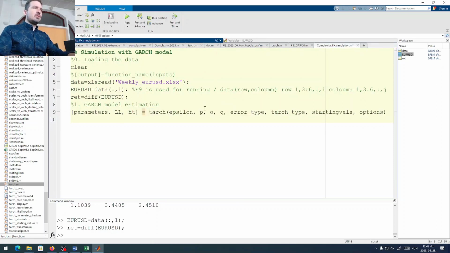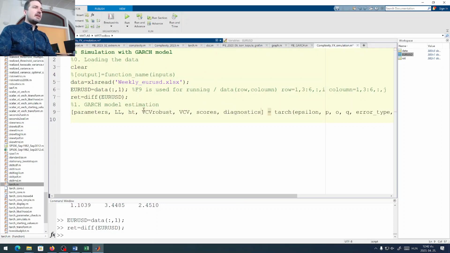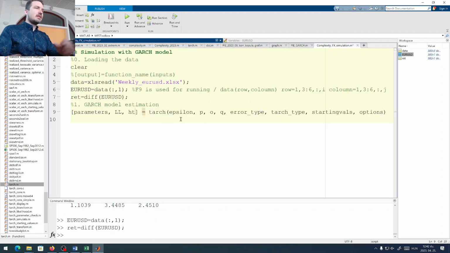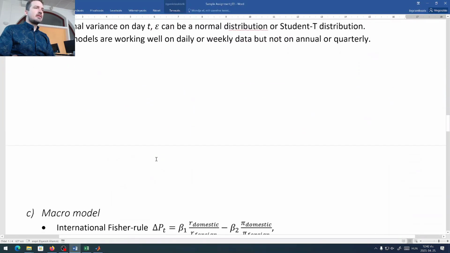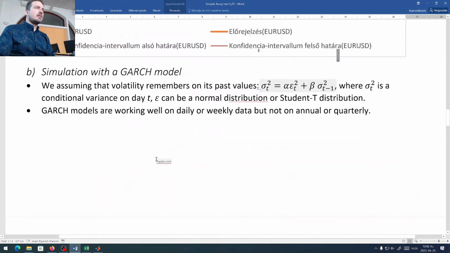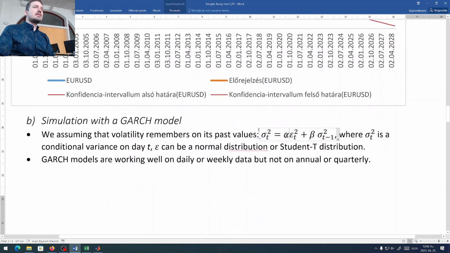Okay, so as you can see, I don't need all these outputs, so I can remove them later on because I would like to see the parameters. So how important is the past shocks, and how important was the past volatility.